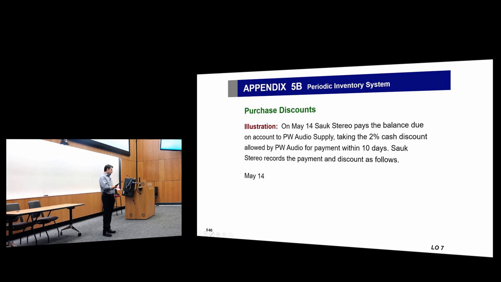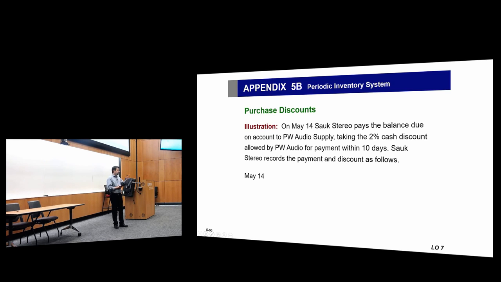On May 14th, South Stereo pays the balance due on account to PW Audio Supply, taking the 2% cash discount allowed. So they took advantage of the discount. How much cash did the company pay? It's $3,500 minus the 2% discount, which is $70, right? So this is the amount of cash. How much do they owe them? $3,500.